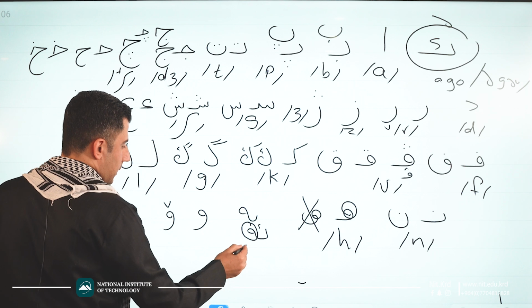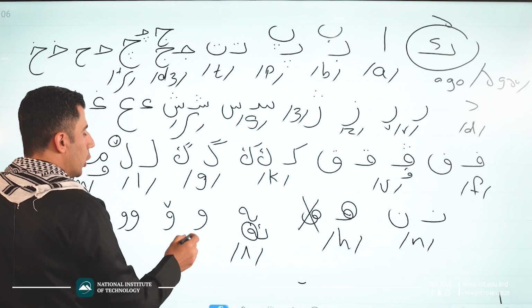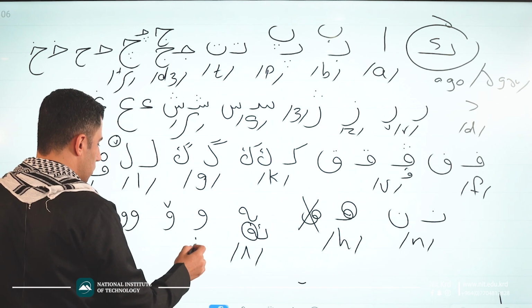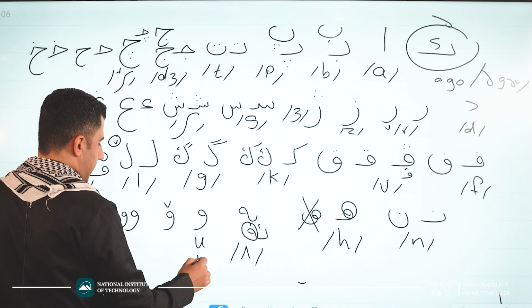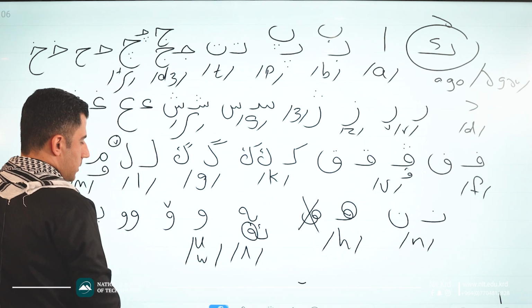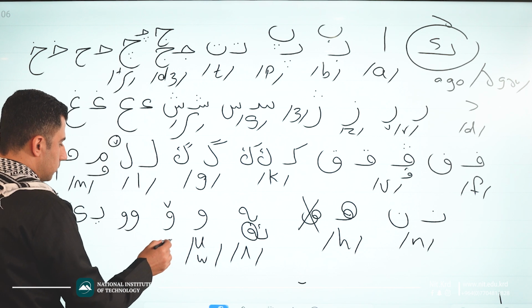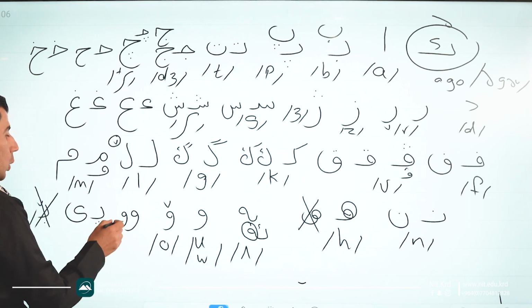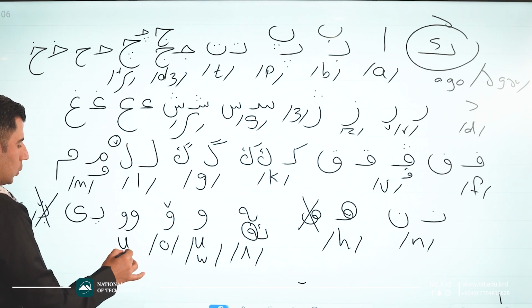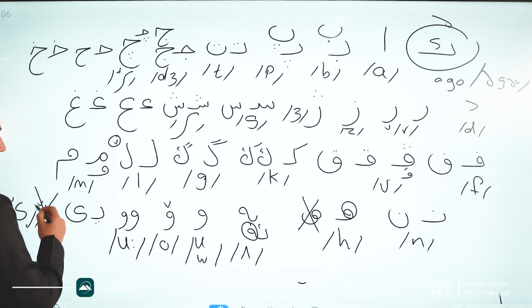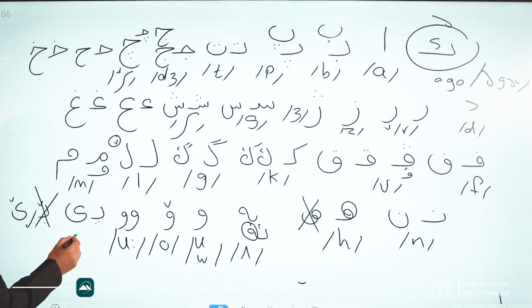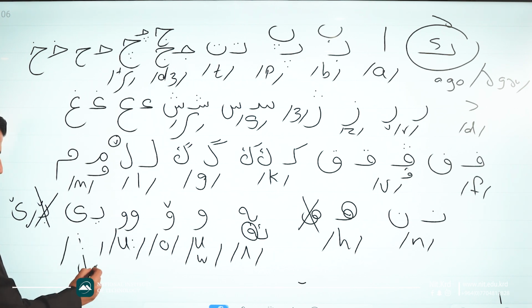A, this one is just this. W, we have both w, vowel and consonant. And y, we have both y, vowel and consonant.